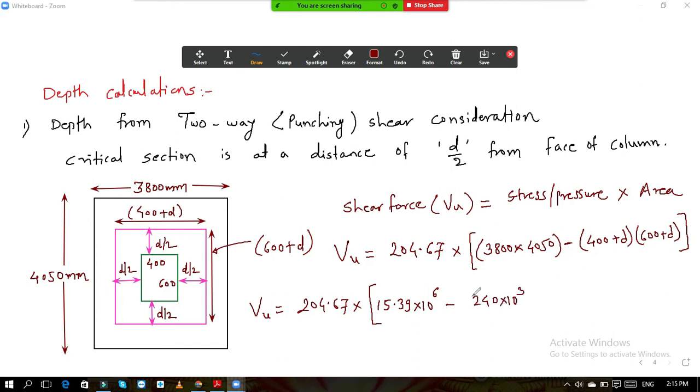Again, this is minus because outside my bracket is minus. Then this is d into 400, so minus 400d. Then again this 600 into this plus d, it will also become minus, and multiplied again it gives 600d.